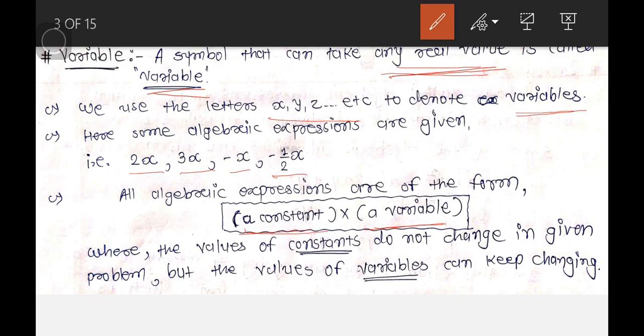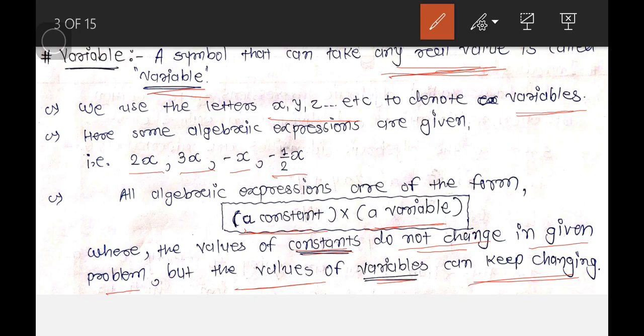Here we know that the value of a constant does not change in the given problem. Constants remain as they are, they never change, but the values of a variable can keep changing because it can take any real value, so it varies in given problems. So this was basic information about variable.